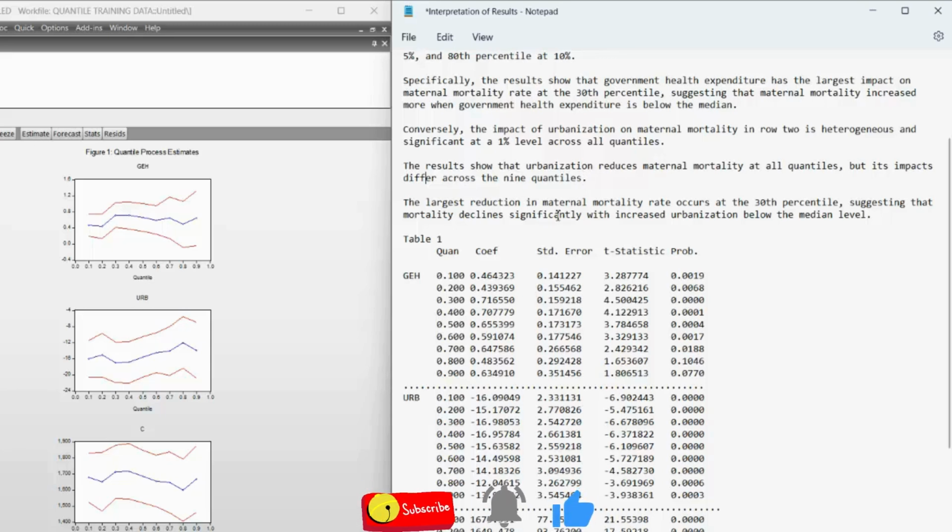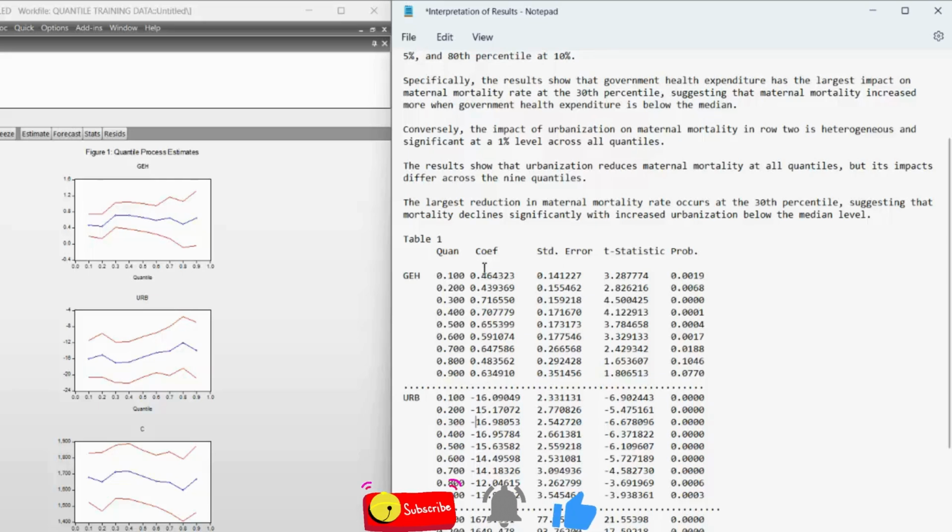The largest reduction in maternal mortality rates occurs at the 30th quantile. If you look at it now, you will see that the lowest value here is minus 16.98053. If you look at the absolute value, you will notice that this is the highest. So when you look at the real value, it is the lowest.